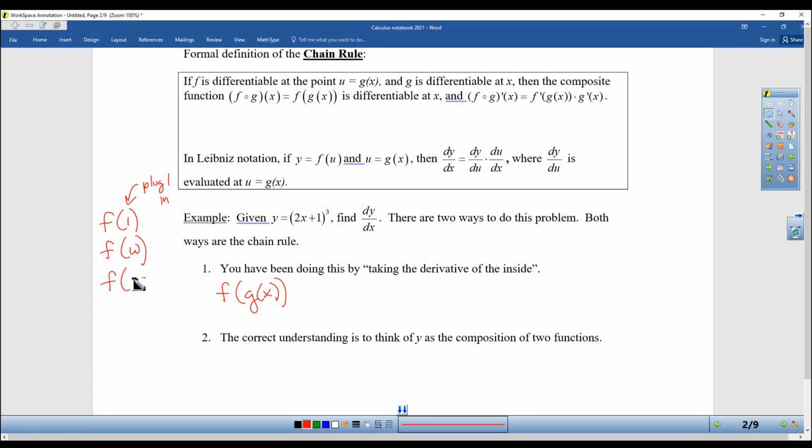And when I see f of g of x, I know that that means g of x is getting put into the f function. You're composing two functions. However, as much as I love this notation, I will say that this notation is going to be easier for calculus. F of g of x.